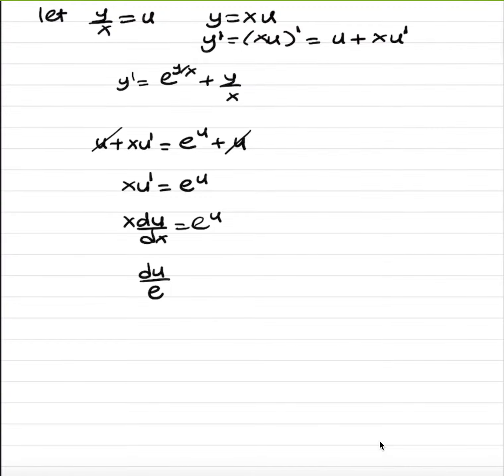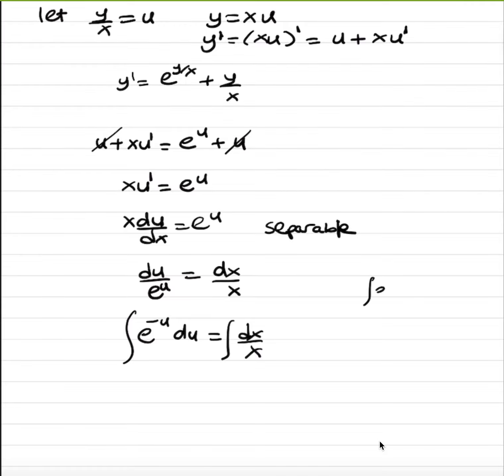So this is a separable one. We can separate u terms to one side and x terms to the other side, or we can write it like this: e to the power minus u du is equal to dx over x, and then we will integrate.